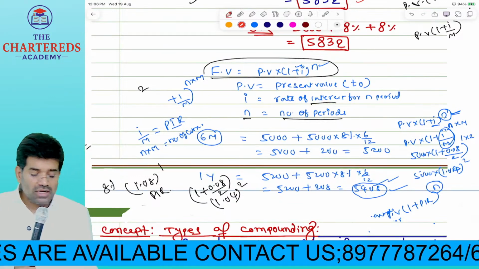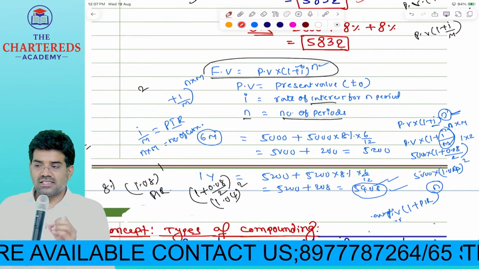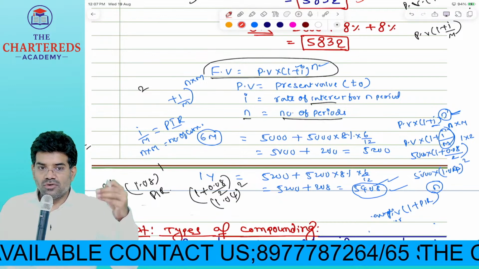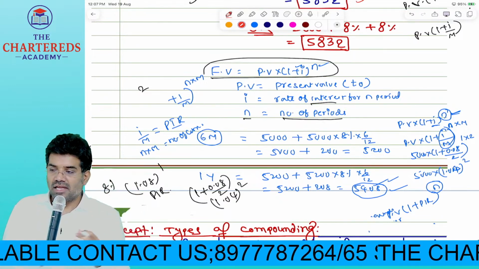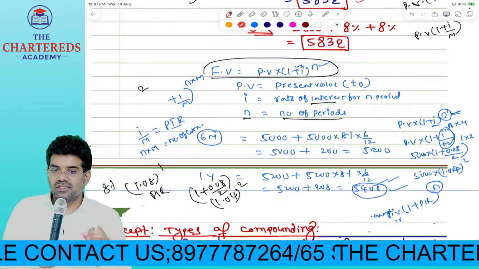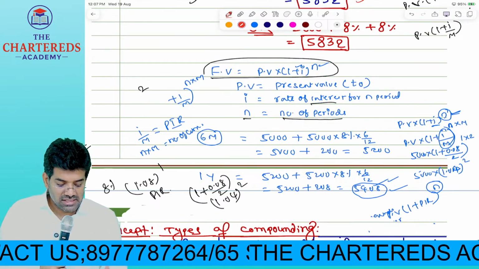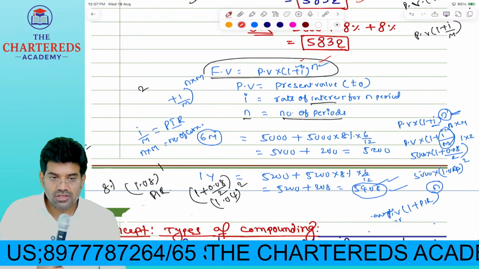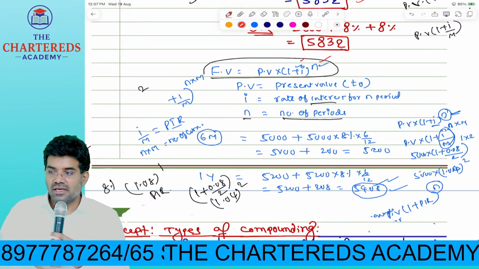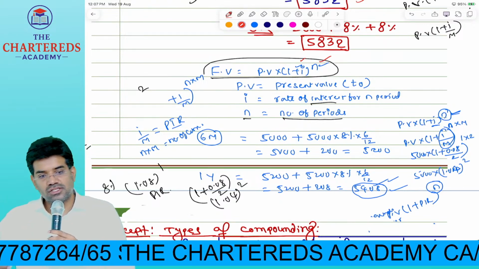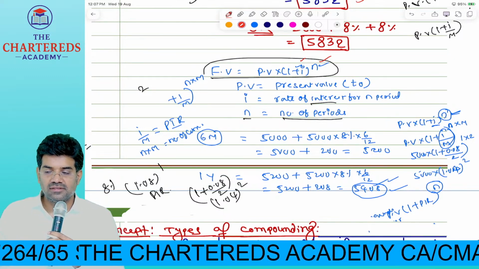Here, what does n stand for? Formula is present value into 1 plus I whole power n. What does I stand for? Interest rate per annum. This I and n should be for same period of time. If n is number of years, interest also should be for same period.